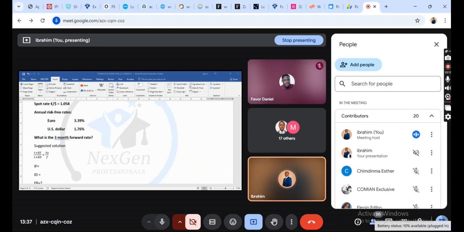We can see the spot rate, right? Nigerian currency is not there. So what will be the domestic currency, class?